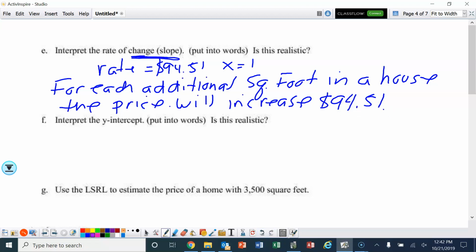Is this realistic? Yes, it certainly is. Okay, each square foot, based on this data, each square foot could cost $94.51. That is a realistic thing.